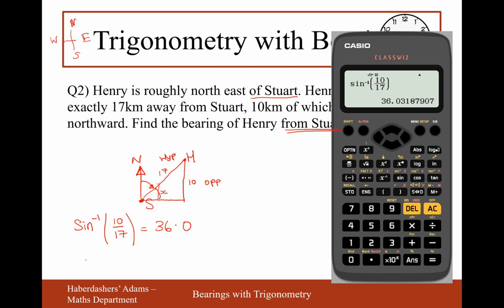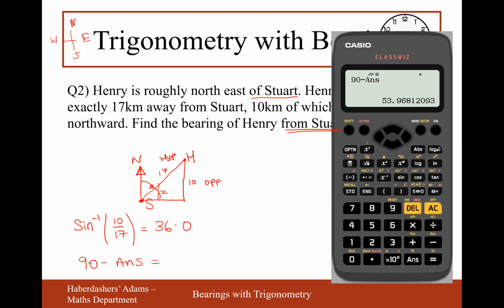The next thing I'll do is 90 minus that answer, and I'll get 53.5, which is 054 when done to three significant figures. So remember, it's 0 because it always has three figures in a bearing. Okay, so 054 will be the answer to this question.